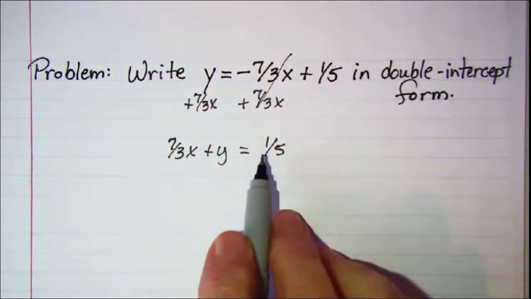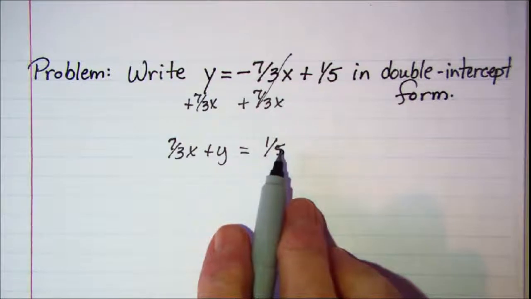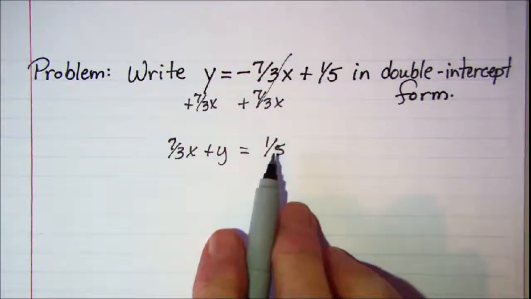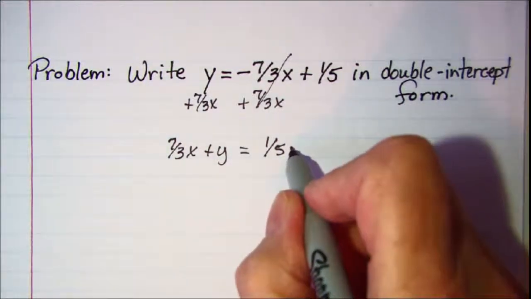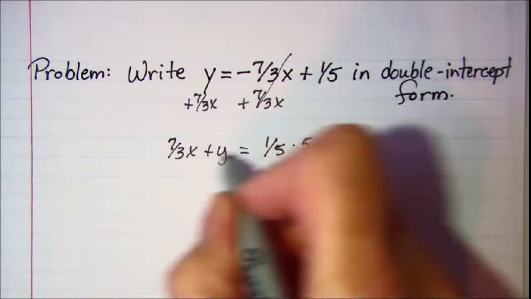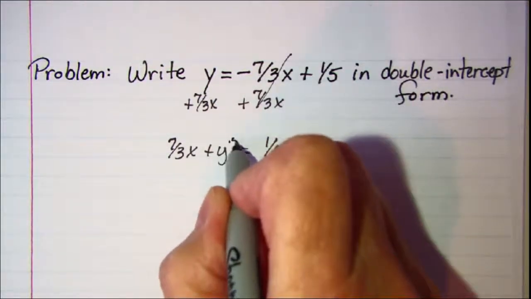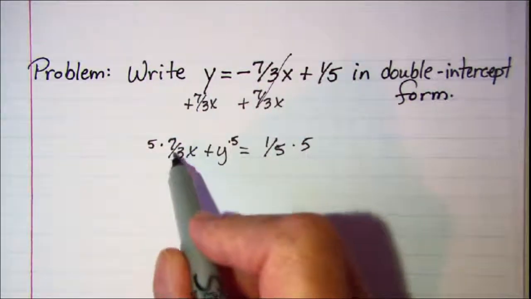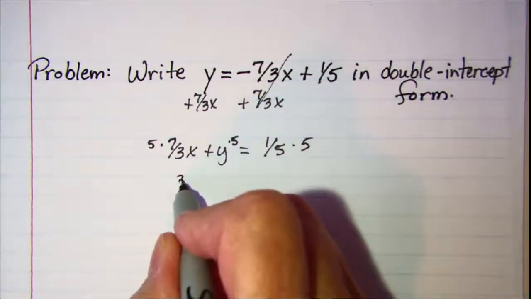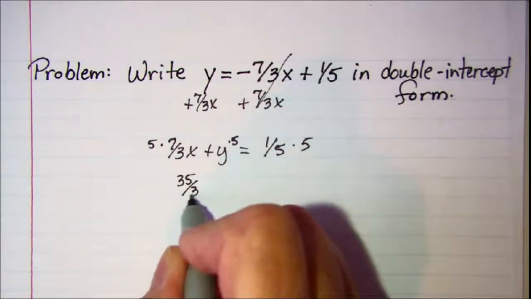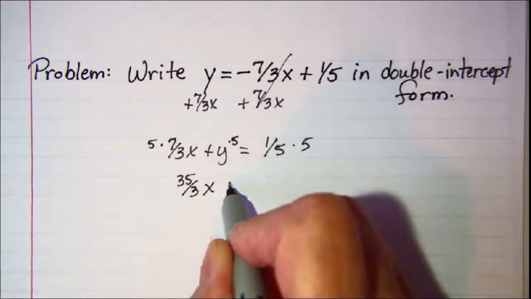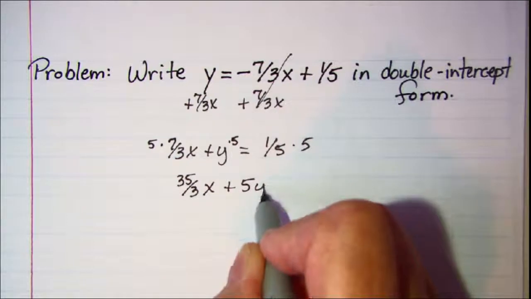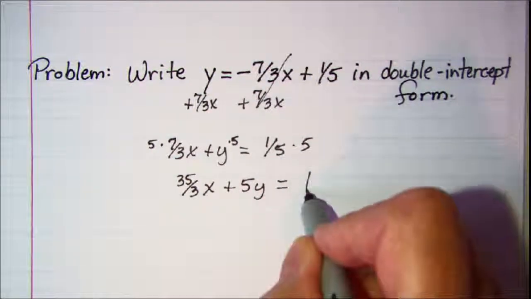Now to get a 1 on this right side, I need to multiply both sides by 5. So I'm going to multiply by 5 here, and on this term, and on this term. So I now have 35 over 3 times x plus 5y is equal to 1.